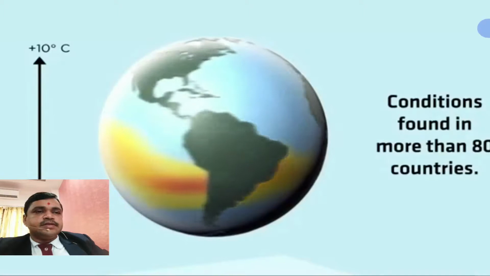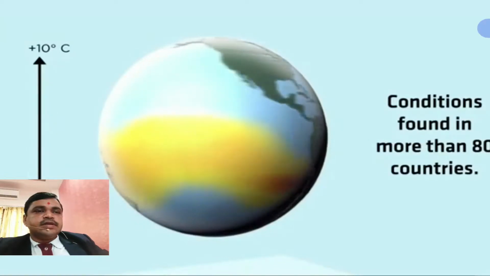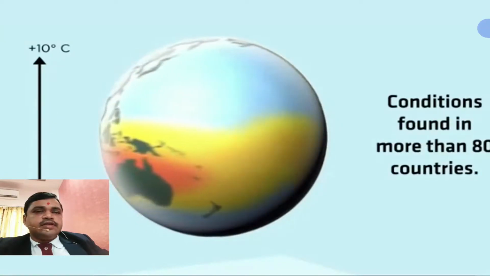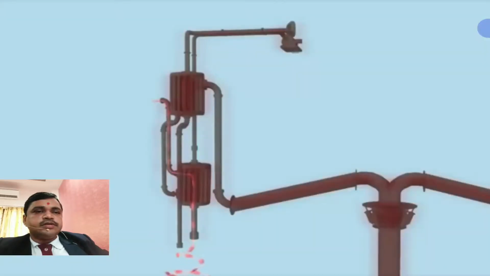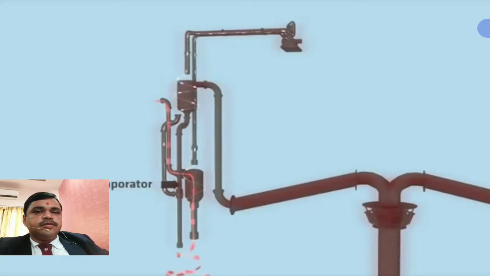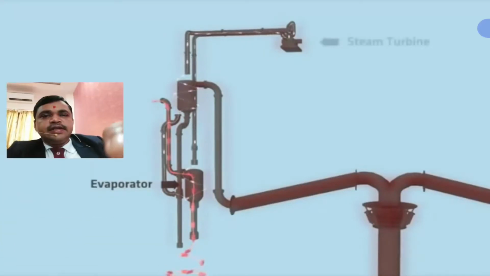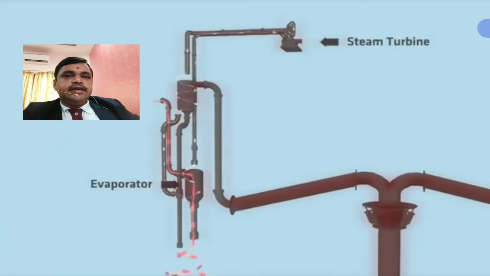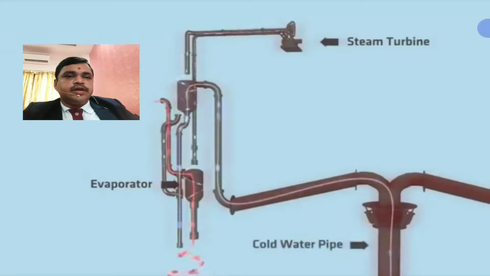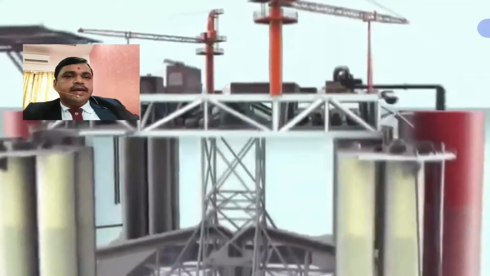Temperature difference, and this is the situation of our earth where hot surface water is taken into an evaporator, which evaporates different types of refrigerants and we get electric power.